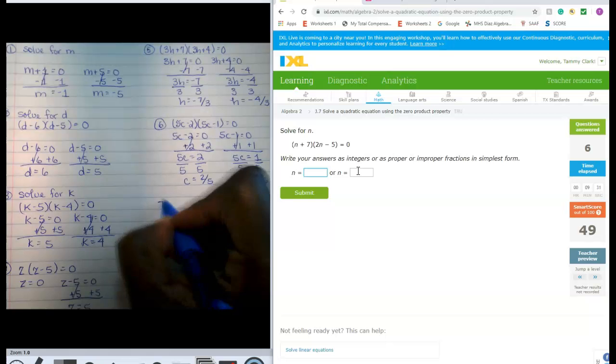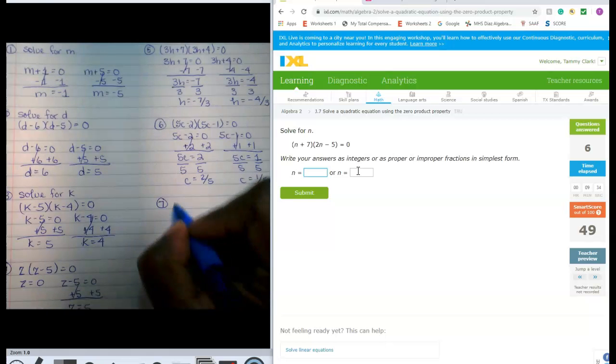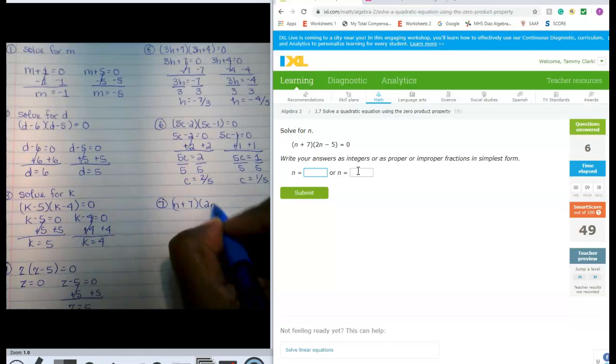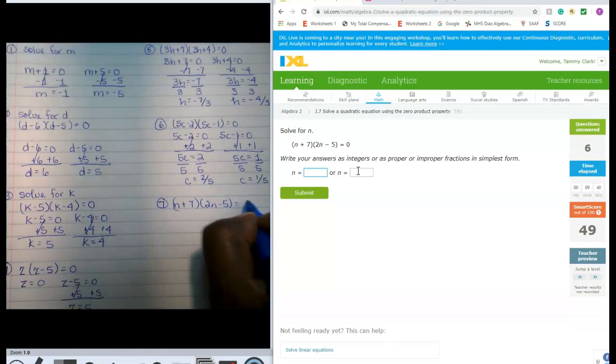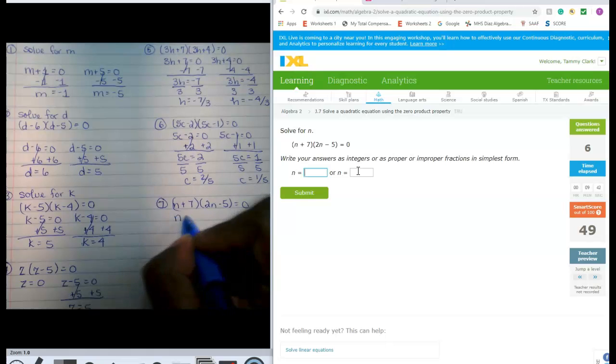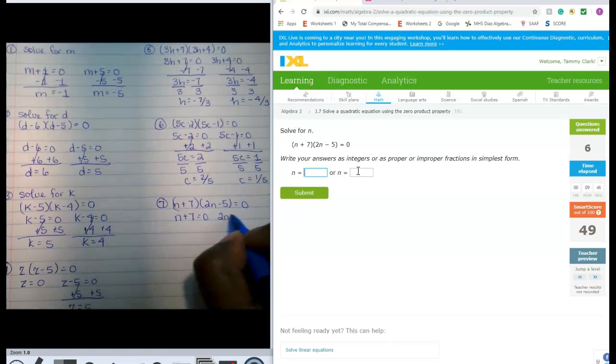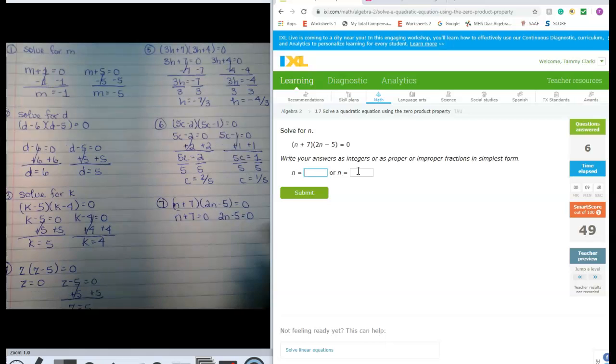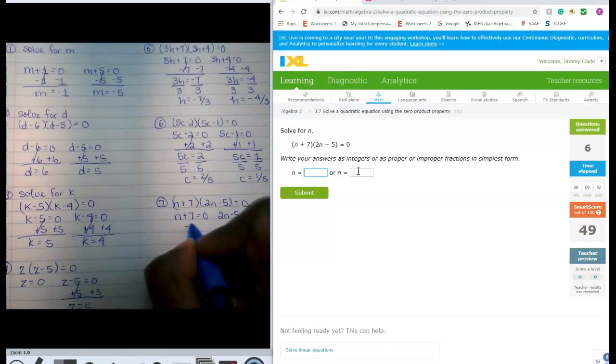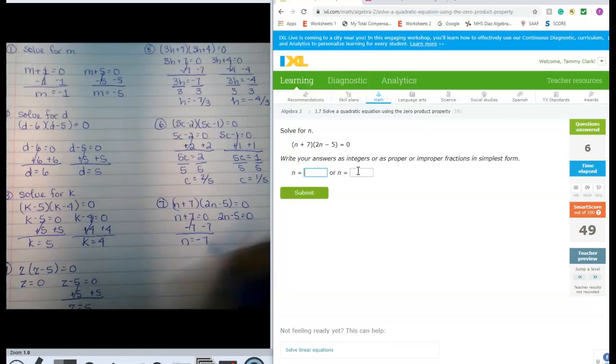Let's look at number 7. We've got n plus 7 multiplied by 2n minus 5 equals 0. Process is the same. Take the first binomial, set it equal to 0. Take the second binomial, set it equal to 0, and solve. So to eliminate positive 7, we're going to subtract 7 from both sides of the equation. n is equal to negative 7.